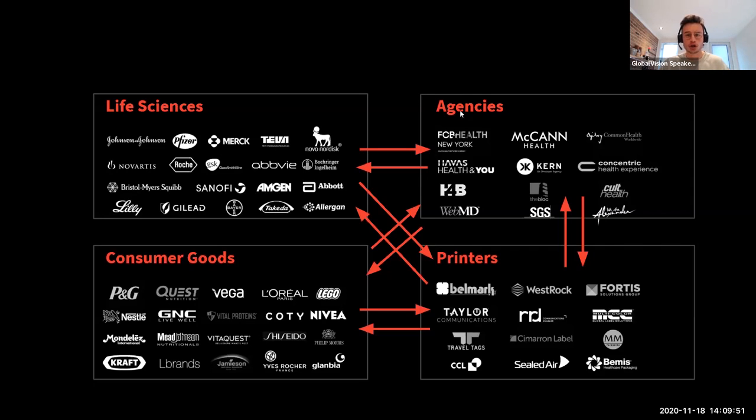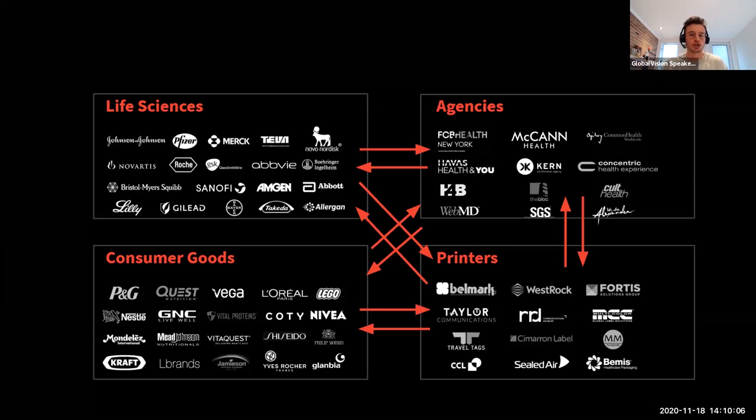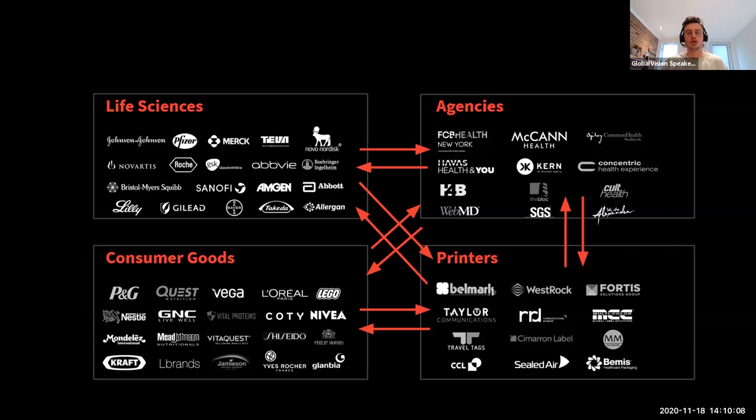And then the agencies are creating content for these life science or pharma companies, and you also have to make sure that whatever you create is error-free. So what I'm trying to get at is that we're all in the same boat no matter where you stand. And our mission, what we're trying to solve with automation, is to make sure that we have no errors as we're streamlining our review process.